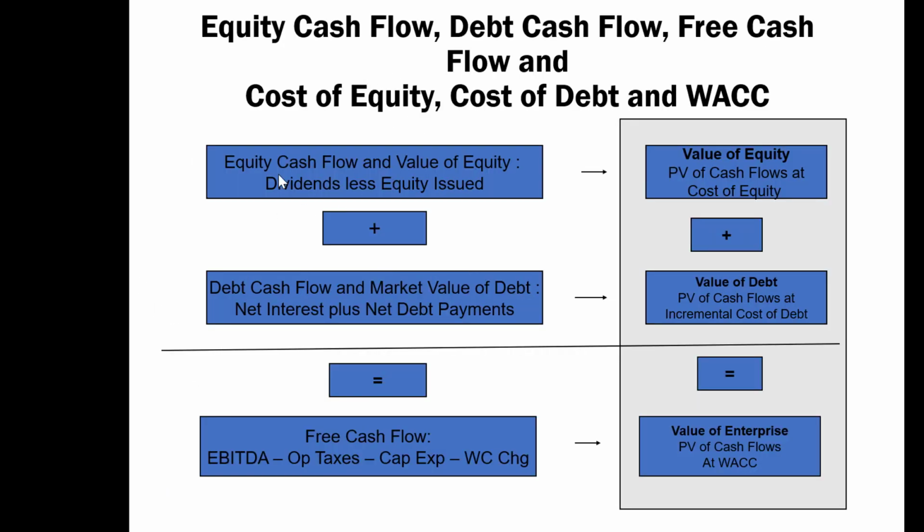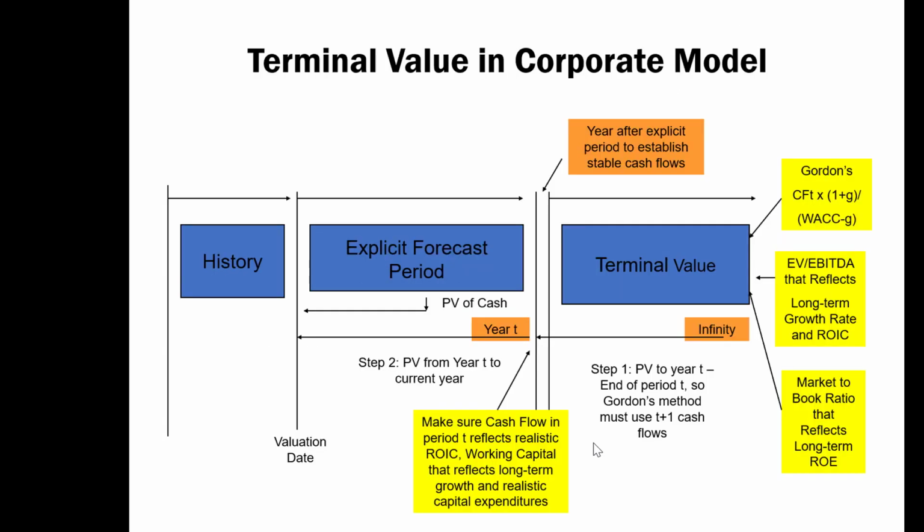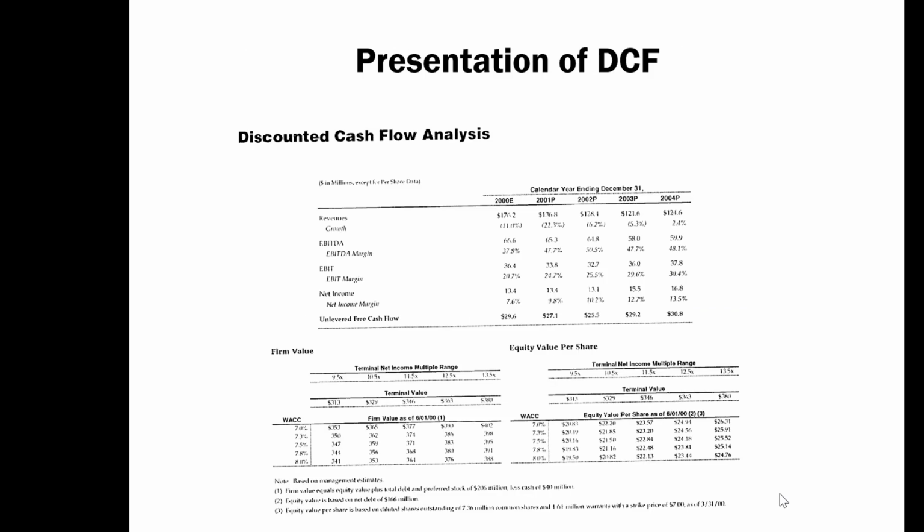And we can say that, well, we could take our equity cash flow and debt cash flow and get that. And we discount this at the cost of equity, this goes to debt. So we should discount free cash flow at the weighted average cost of capital. And then we should do a little timeline and use different terminal values.